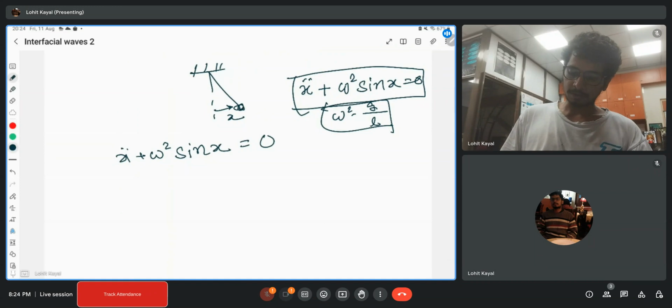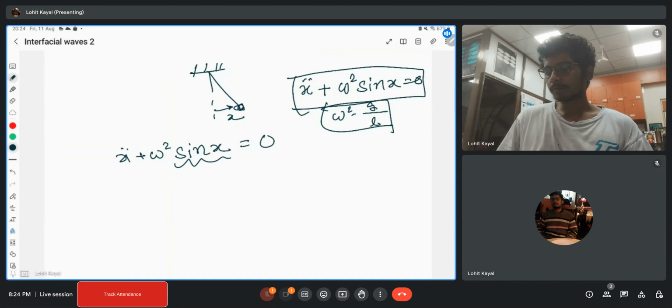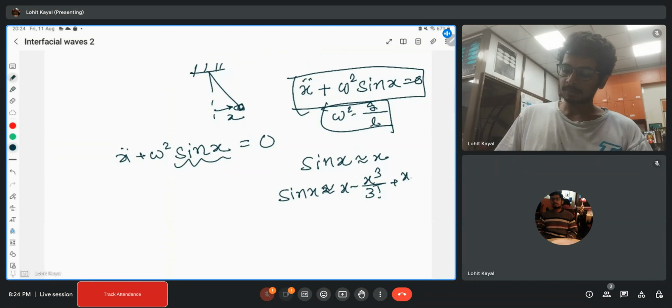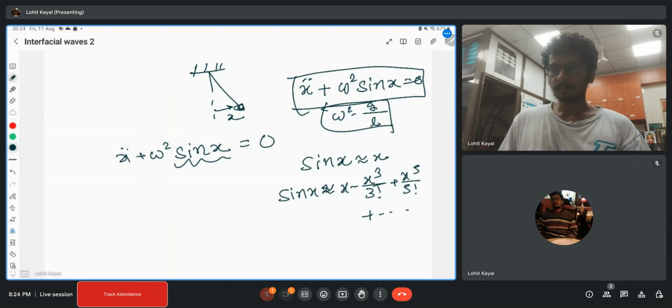So in the first lecture we have talked about it, that here this is sine x. In our class 2 course, we always assume that if your displacement is small, we take sine x as x. Why? Because sine x we can write approximately as x minus x cubed by factorial 3 plus x to the power 5 by factorial 5 plus dot dot. Okay, this is the series expansion for sine.